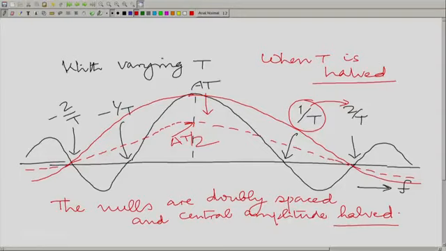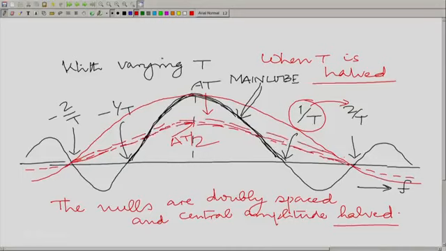Now, you can see there is some intuitive logic in all this. Let us look at this curve once again here. Take the black curve and the red curve here. In the black curve, let me mark or emphasize what I call the main lobe. And let me emphasize the same main lobe when T is halved.